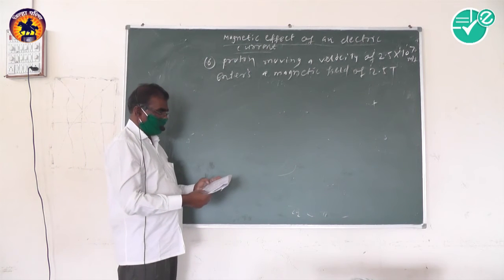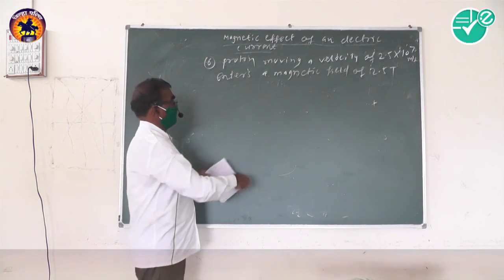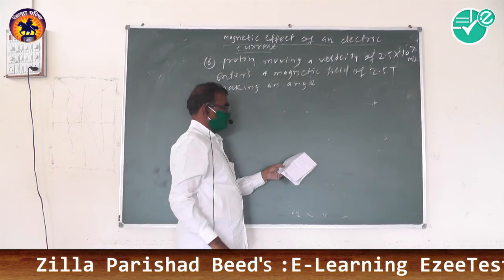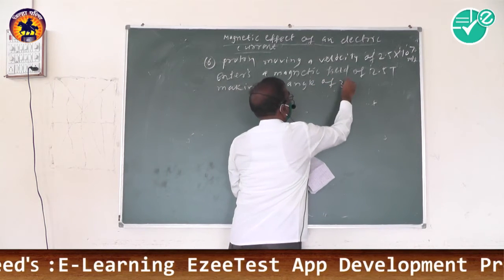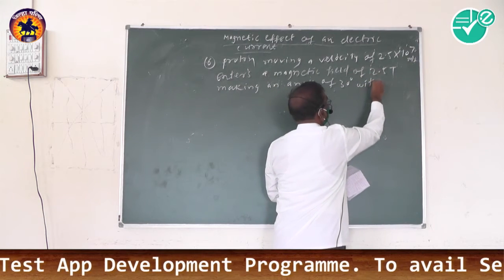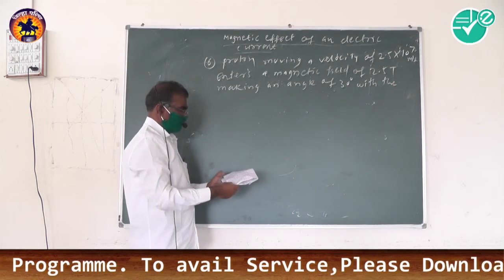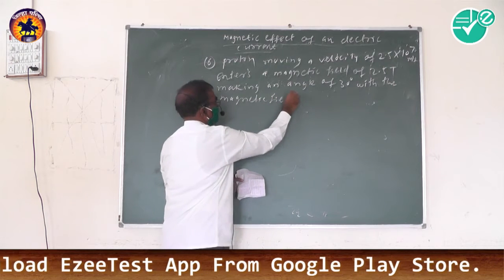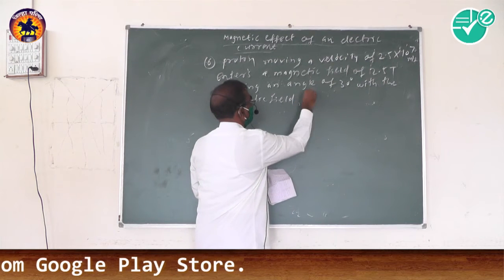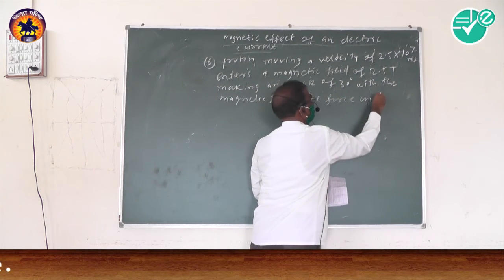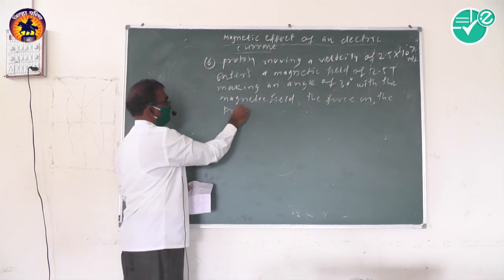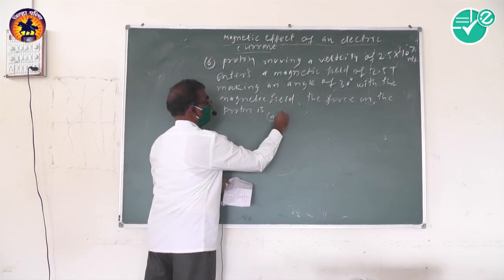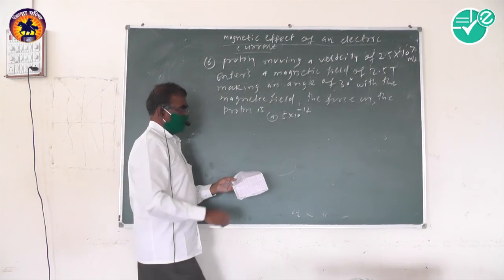30 degree with the magnetic field. The force on the proton is: A, 5 into 10 raised to minus 12 Newton.